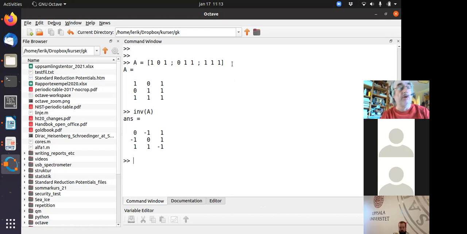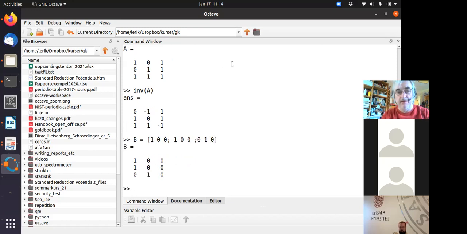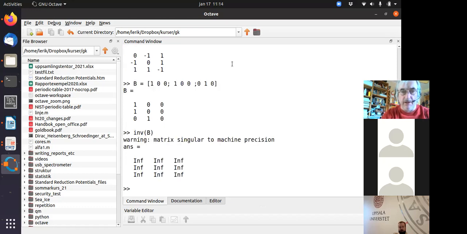If we define a matrix like this one with two rows similar, and the third row different, it's a valid matrix, but does it have an inverse? We'll see what Octave says.